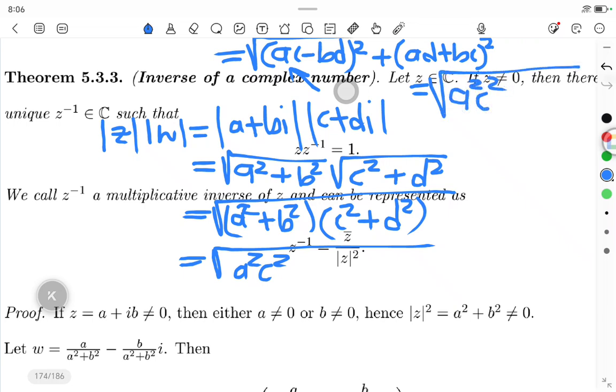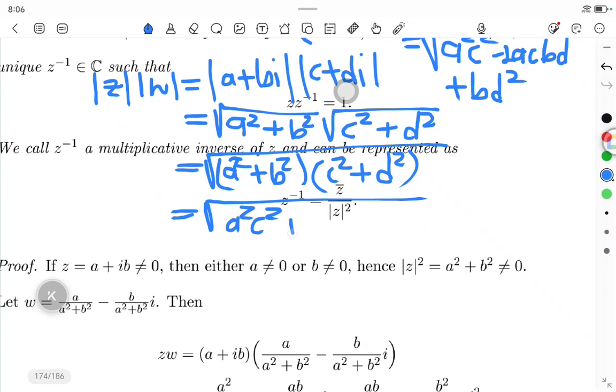Then this was going to be minus 2 AC BD, and then I was going to have plus BD all squared. Then if I multiply by the last one, it's going to be A squared D squared.